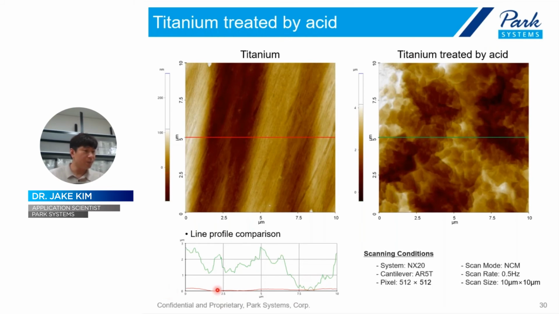Before the acid treatment, roughness is about, I think, 100 nanometers or something. Anyway, this is nanometer scale. But after the acid treatment, it increased. Is it 10 or 20 times increased, to micrometer scale? Of course, like this, we can see the surface change using AFM.